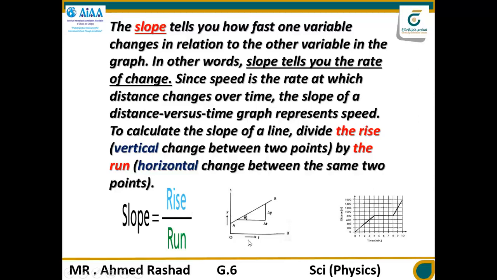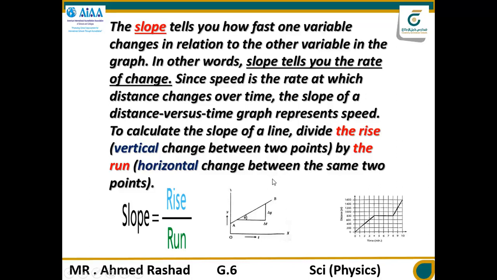And run is the same for the points horizontally. So we subtract between these points, the horizontal change between the same points, and that's the run. So when we have the rise and the run, we can divide these two numbers to get the slope. I hope you understand what I said.